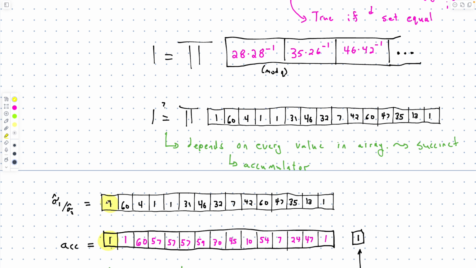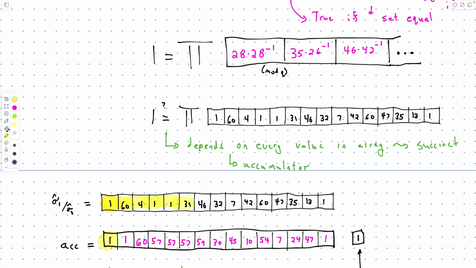The next value will be the running product of the first 2 values. The next part of my accumulator will be the running product of the first 3, so 1 times 60 times 4. And then the next one will be 1 times 60 times 4 times 1, and then that times 1, and then that times 31 will give me 59. And I'll keep building it that way.